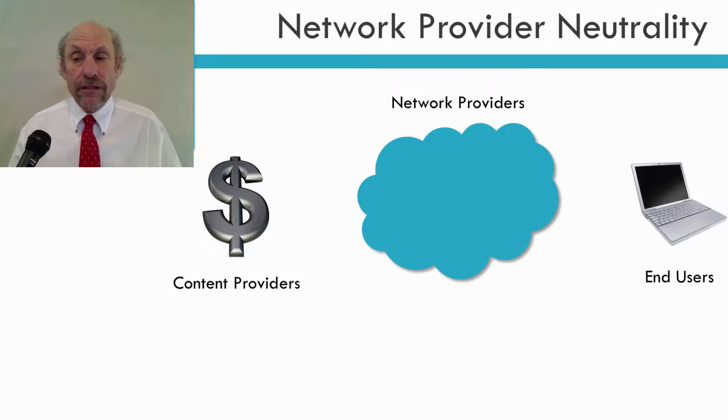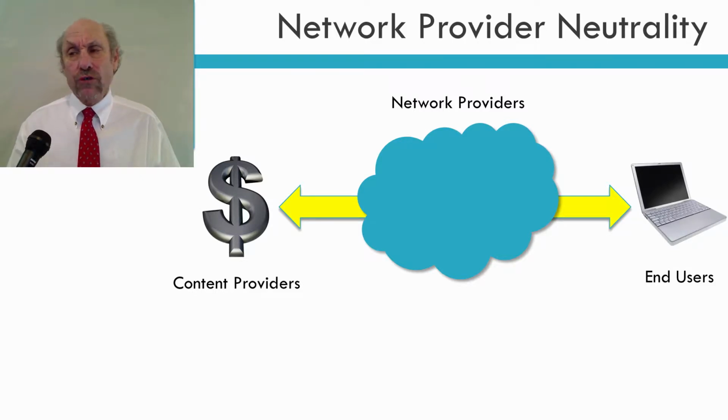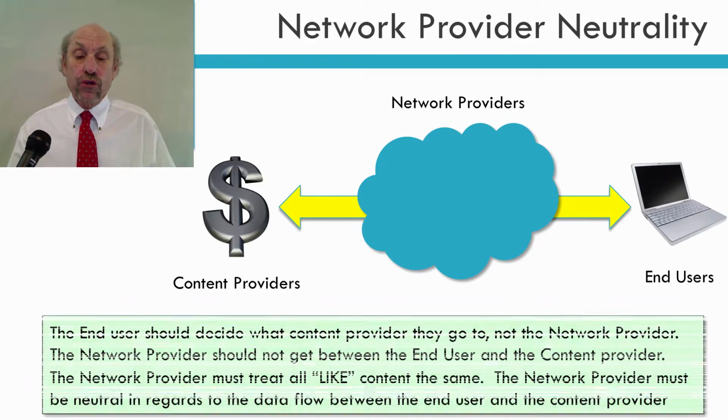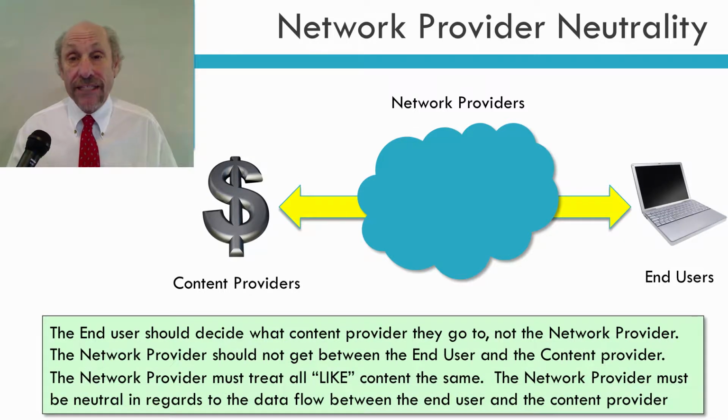Now, the way net neutrality should work is that when an end user works with a content provider, the network provider should be neutral. They shouldn't be involved in that relationship. All they should be doing is transporting the bits from the content provider to the end user. So what net neutrality is then is that the end user should decide what content provider they go to, not the network provider.